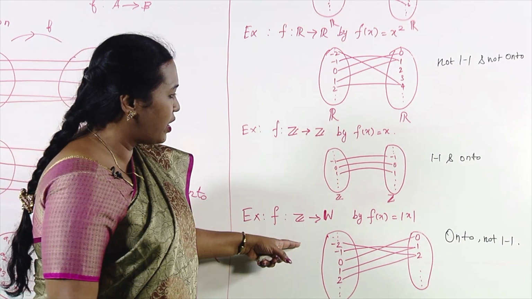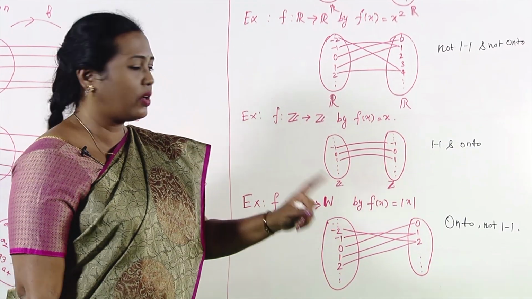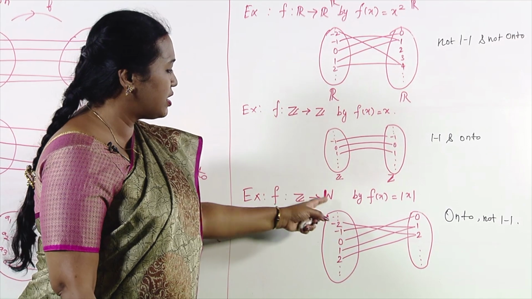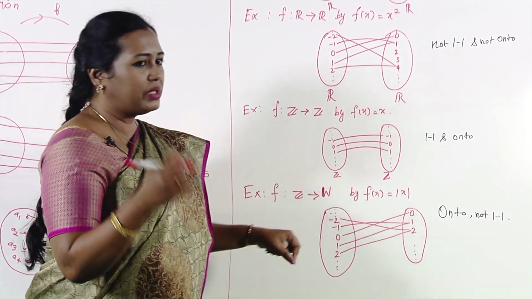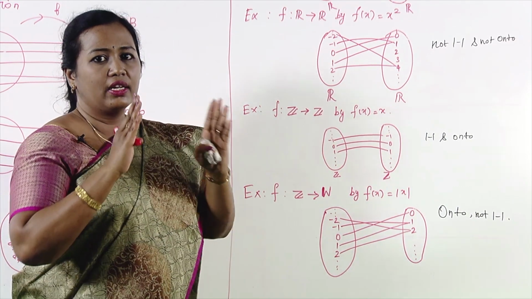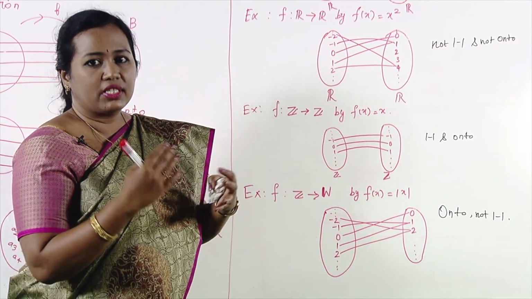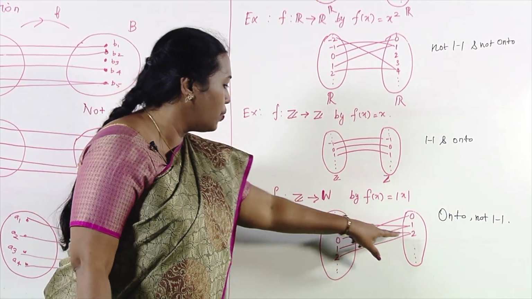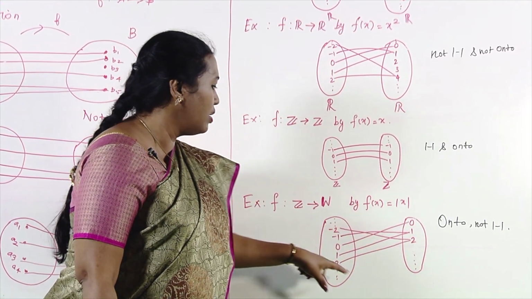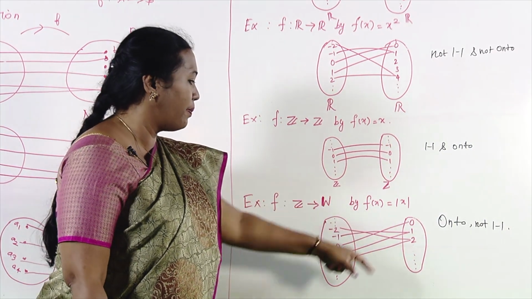Now let us see one more example which is onto but not 1-1. So from Z to the set of whole numbers given by f of x is equal to modulus x, which means that whenever you plug in a number, it is creating the positive version of that number only. So whenever I put in -2, it is mapped onto 2, -1 is mapped onto 1, 0 mapped onto 0, 1 is again mapped onto 1 and so on.